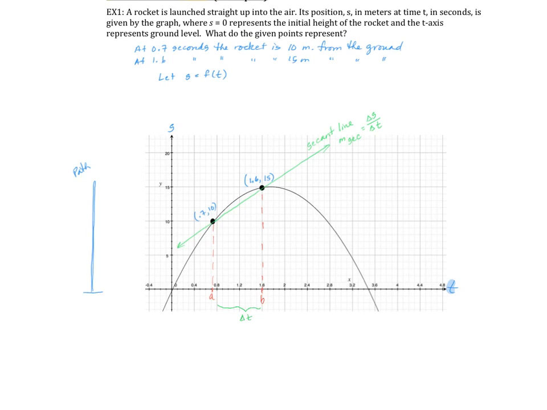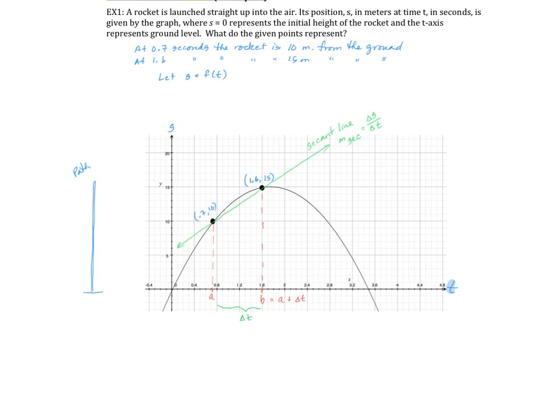If the distance from A to B is delta t, then another way to write B is that it's equal to A plus delta t. And that delta t is just the elapsed time, because remember t was time.